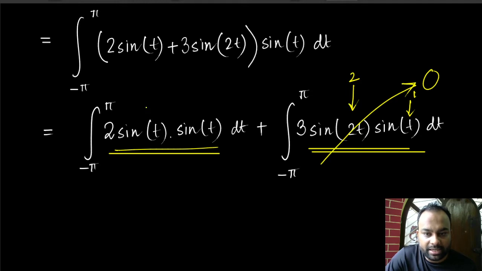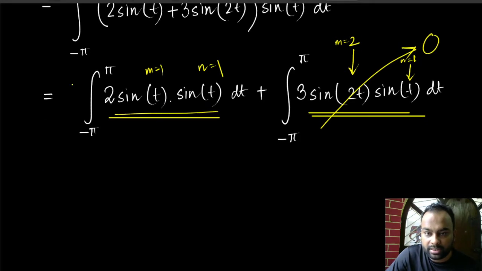But here, m is equal to 1 and n is also equal to 1. For this one, m was 2, n was 1, so this integration would be 0. But this portion of the integration would not be equal to 0, right?